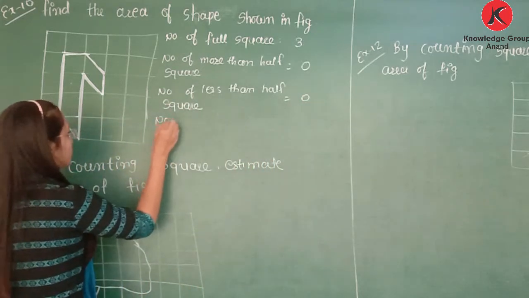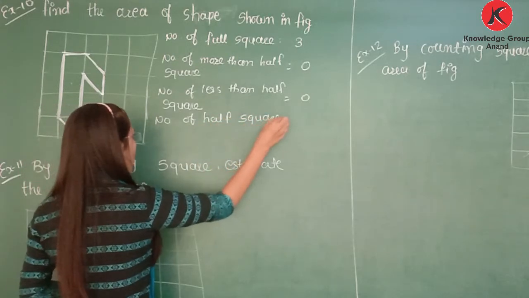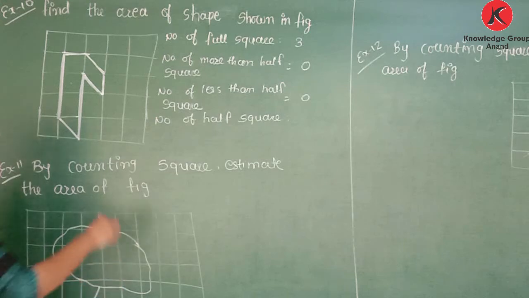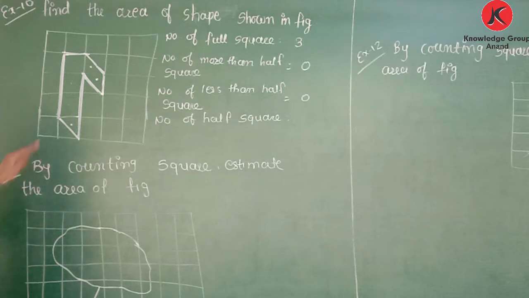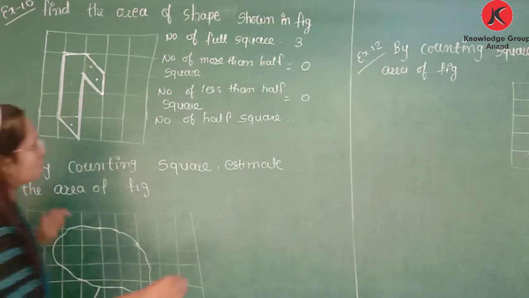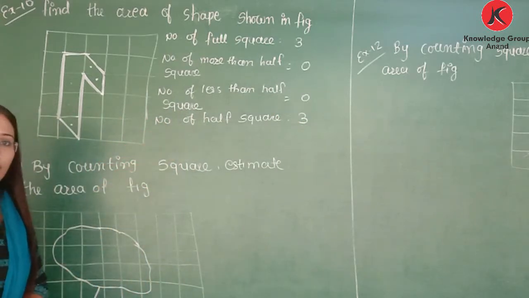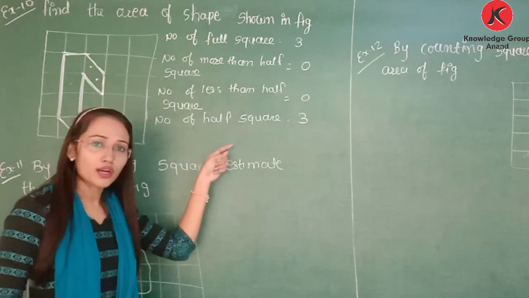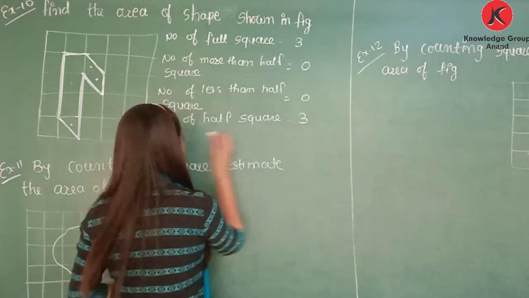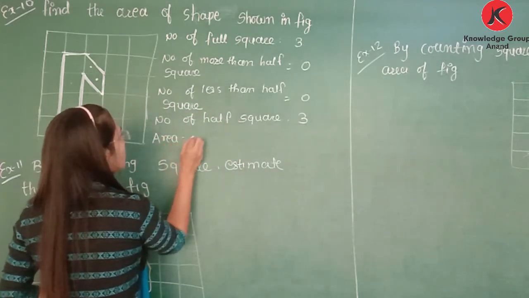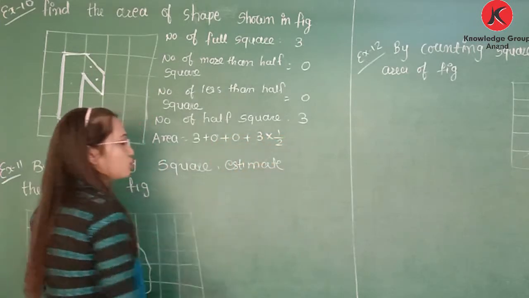Now half square. How many half square we have that is occupied by this object? So here 1, 2 and 3. So there are 3 half square, that's why it is 3. Now area occupied by the number of half square. For that we need to multiply it with 1 by 2. So area we can find 3 plus 0 plus 0 plus 3 times 1 by 2.